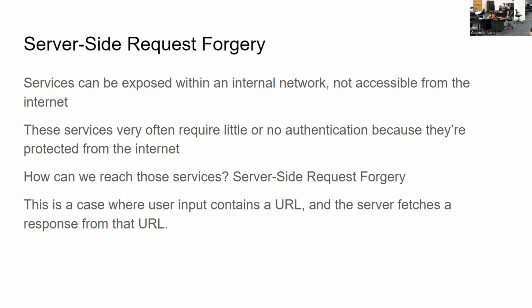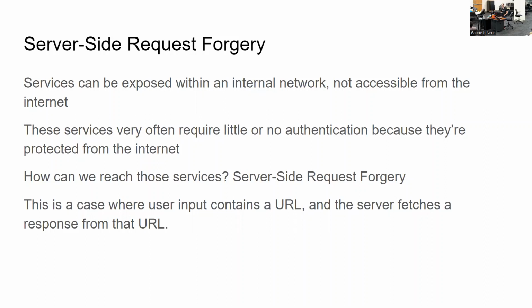So the reason this is important is because services can be exposed within an internal network, not accessible from the internet. And these services are usually either not authenticated or weakly authenticated because they're protected from the internet. So it's only people that have access to that internal network that can view those services.